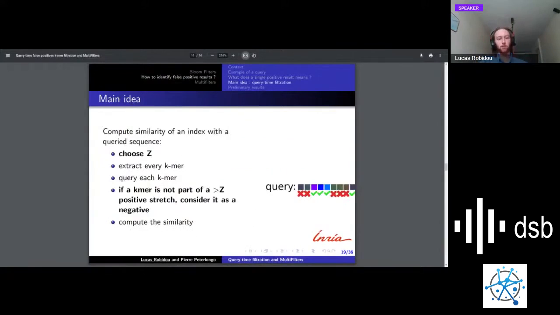So the main idea is to get rid of those false positives by fixing Z, the length of the stretch you want to get rid of. You extract every k-mer, you query each k-mer on your Bloom filter, and if a k-mer is not part of at least a Z positive stretch, you filter it out. You consider it a negative, you correct your Bloom filter result, and then you can compute the similarity.